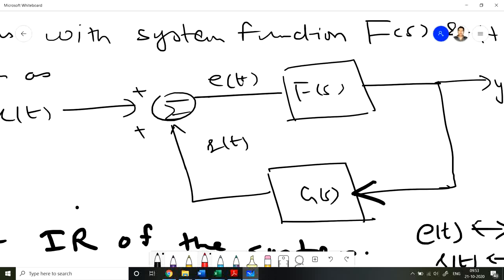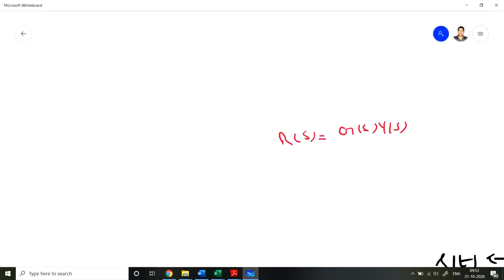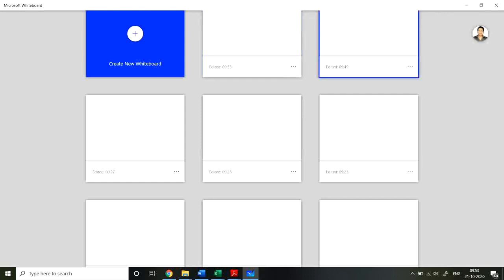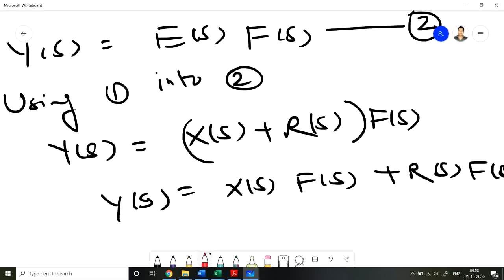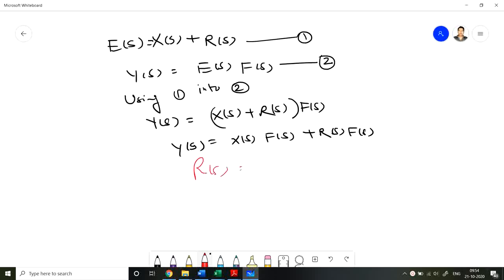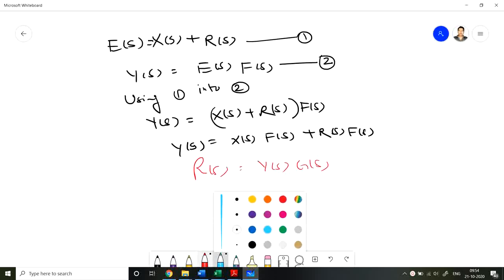So R(s) is equal to Y(s) multiplied by G(s).